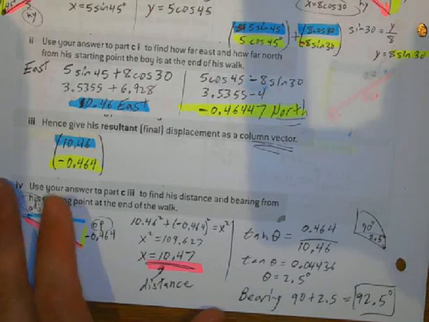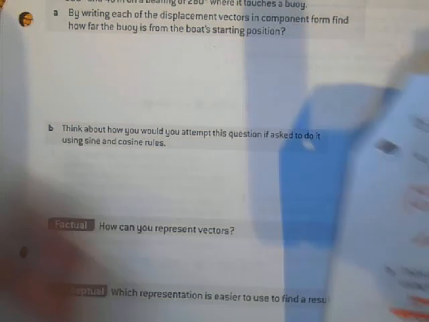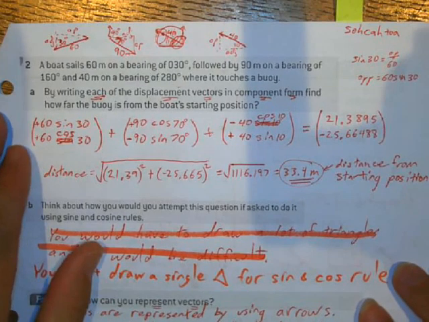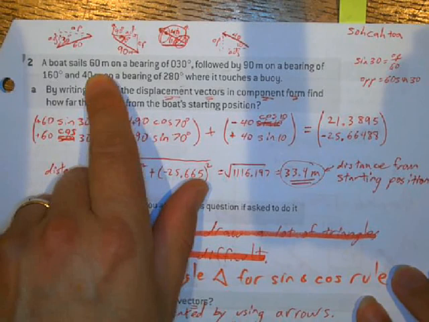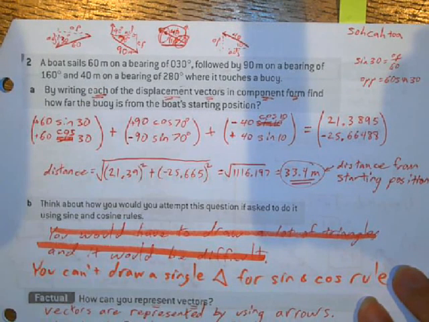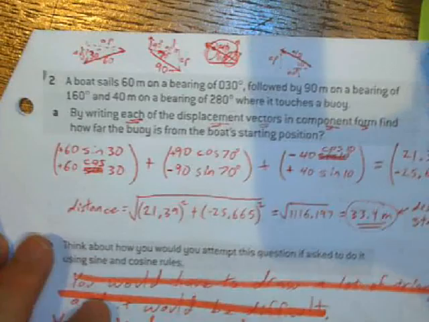Okay, so the next ones I'm just going to kind of talk through. Okay, so we've got a sailboat going 60 miles with a bearing of 30 degrees. So let's zoom in so you can see what we're doing.